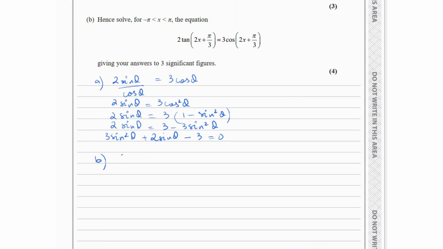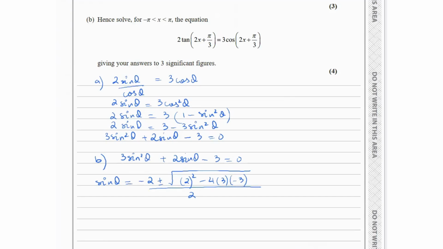So what we'll do is we'll solve this equation first. We can't use middle term breaking for this. We're going to use the quadratic formula. Sine theta equals negative 2 plus minus square root of 2 squared minus 4 times 3 times negative 3, over 2 times 3.